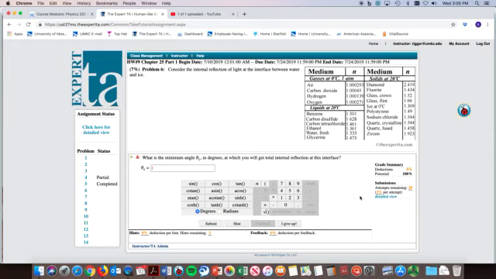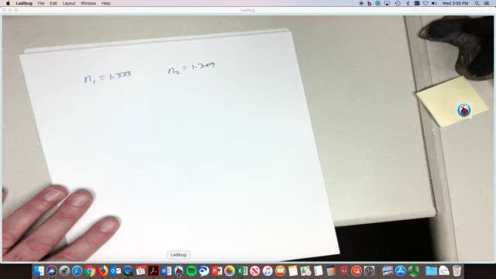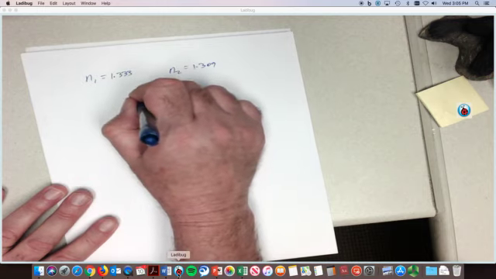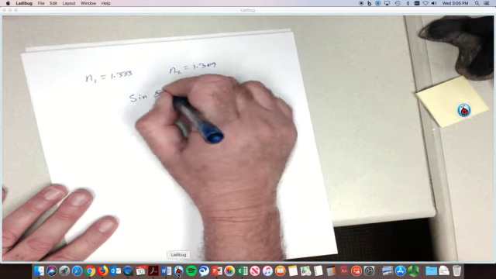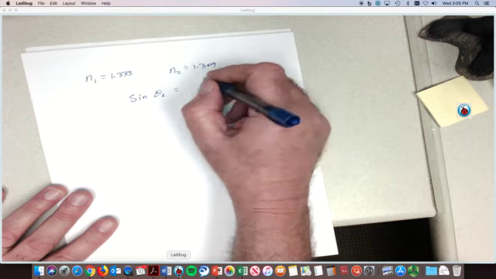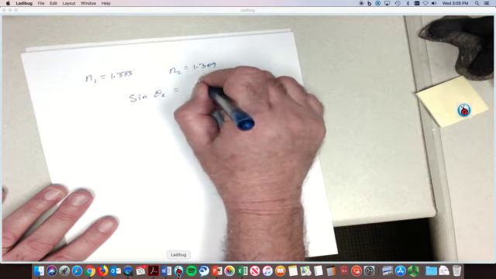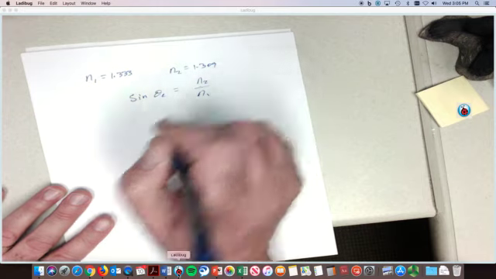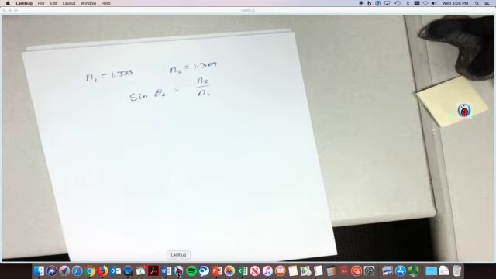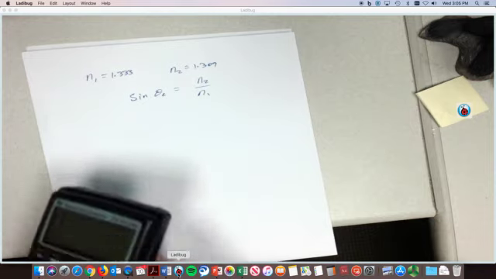So therefore, the sine of the critical angle is equal to N2 over N1. Now it's going to be real close to 1, but not quite.